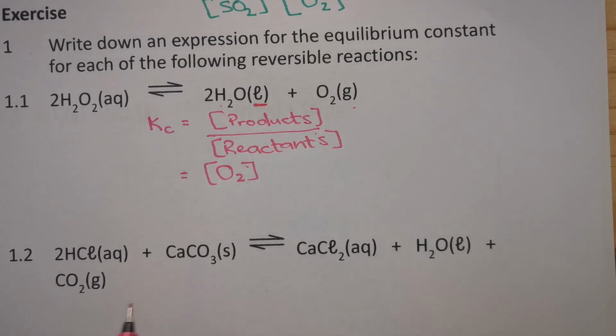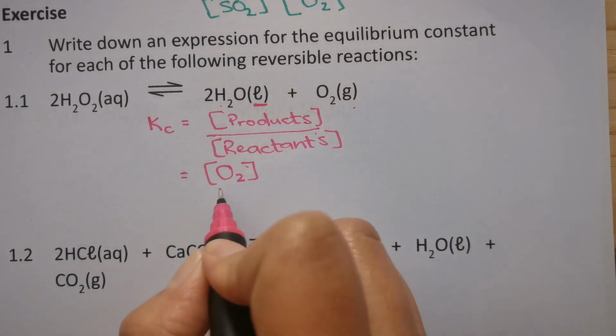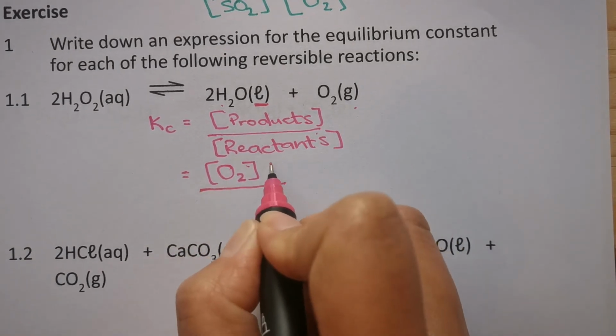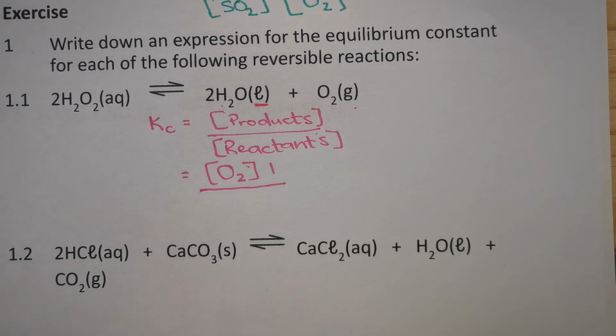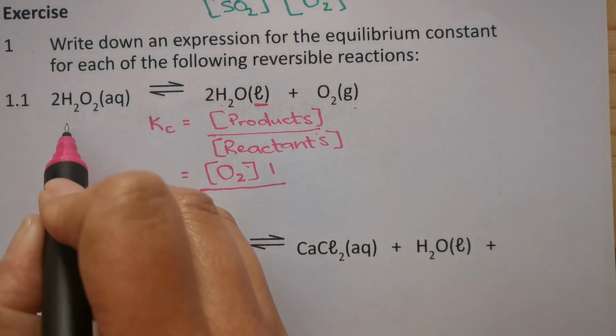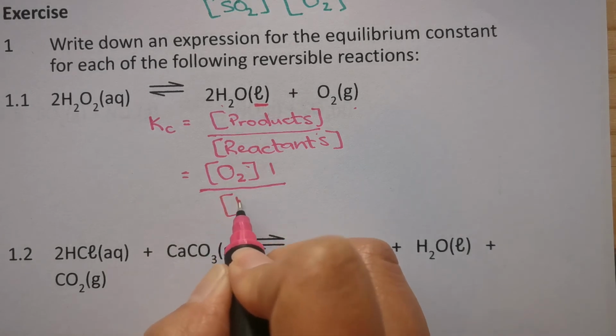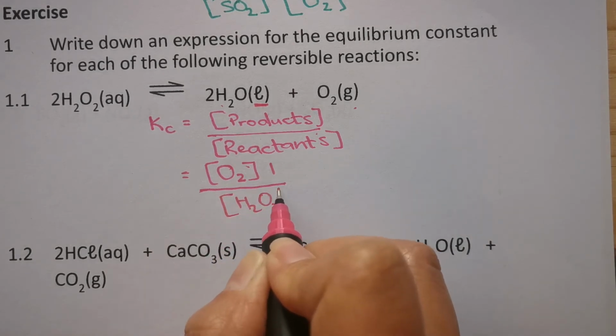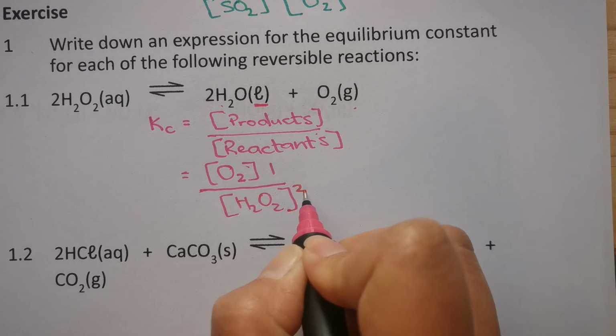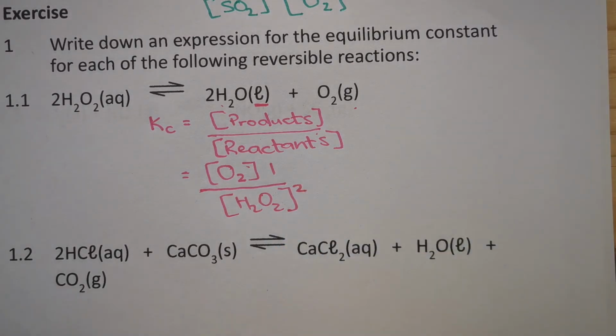That was one of the rules that we started off with. So that means that there's nothing else. I could add the 1 in, but I don't need to. And then I'm going to put that over the concentration of the reactants, which means it's the concentration of the H2O2 raised to the power of 2. And that is my Kc expression for that particular reaction.